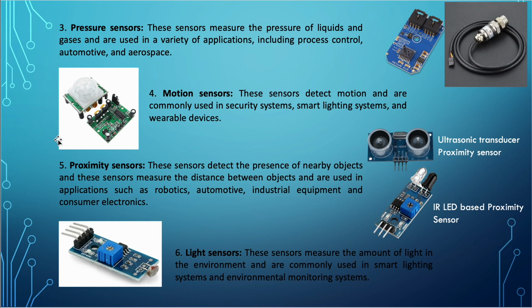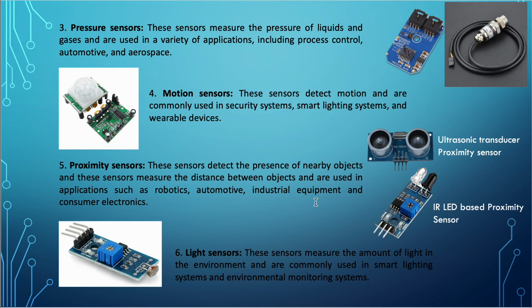In Arduino projects you may have seen plenty of examples, especially the one given here, the ultrasonic transducer proximity sensor. This one is commonly used in Arduino projects to show the ability of a proximity sensor. Again, there's another one, the infrared LED based proximity sensor.